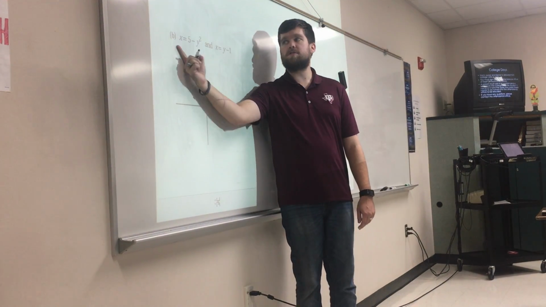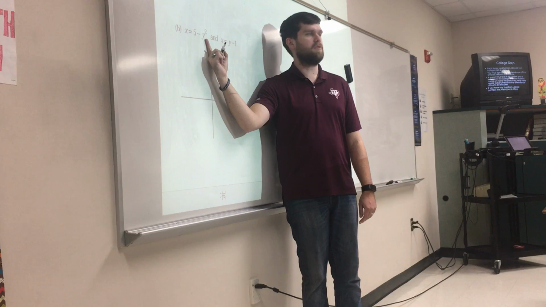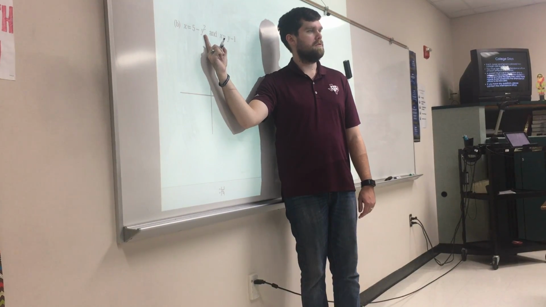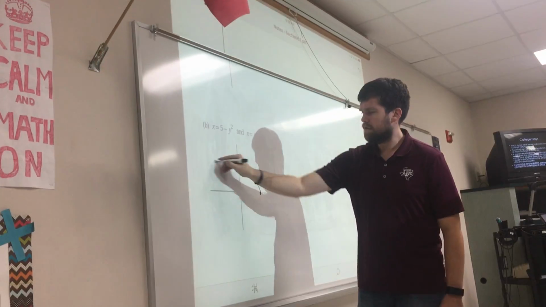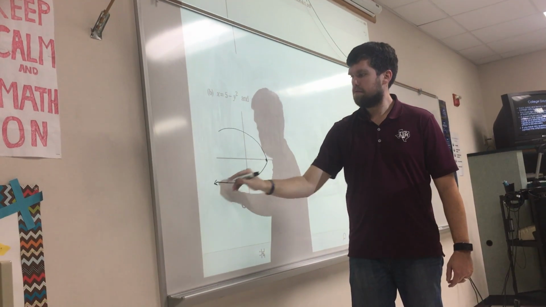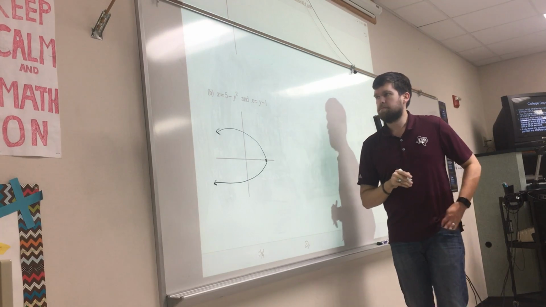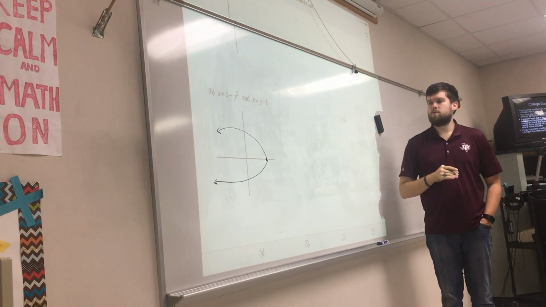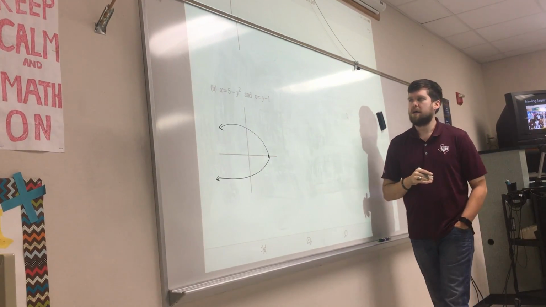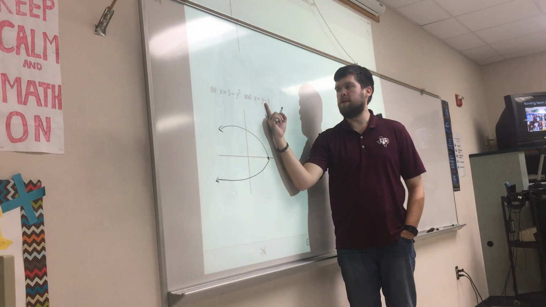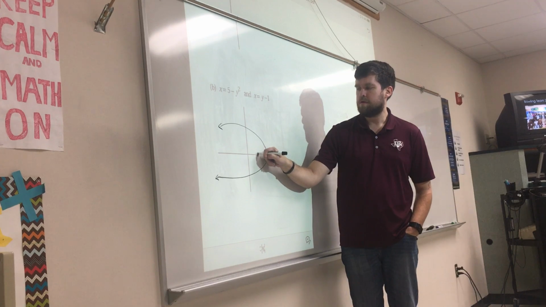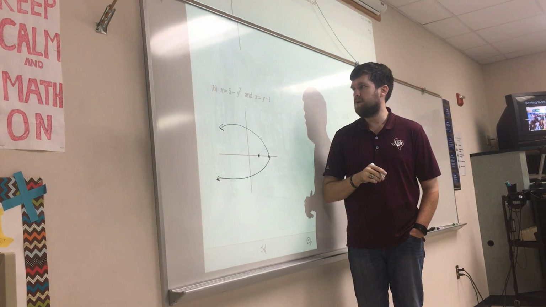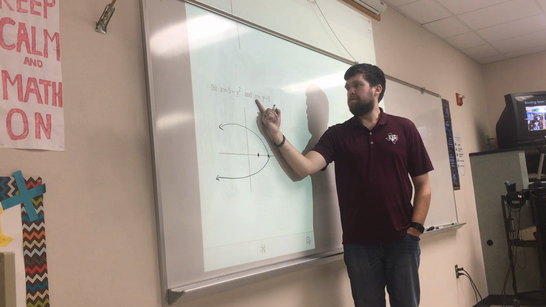And then I know that this is going to look like a what? A sideways parabola that opens that way, right? So it's going to look something like this. Okay. And then x equals y minus 1. Okay, well, if y is 1, we know that x is 0, so 1, 0 is going to be on this particular graph. What else is going to be on this graph? What if x is 0?